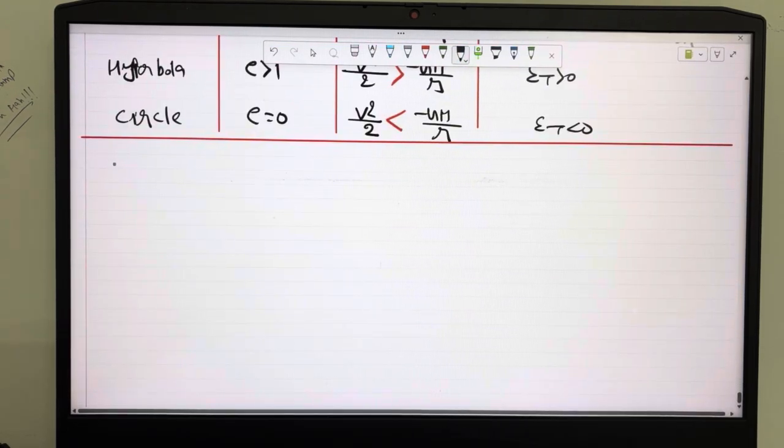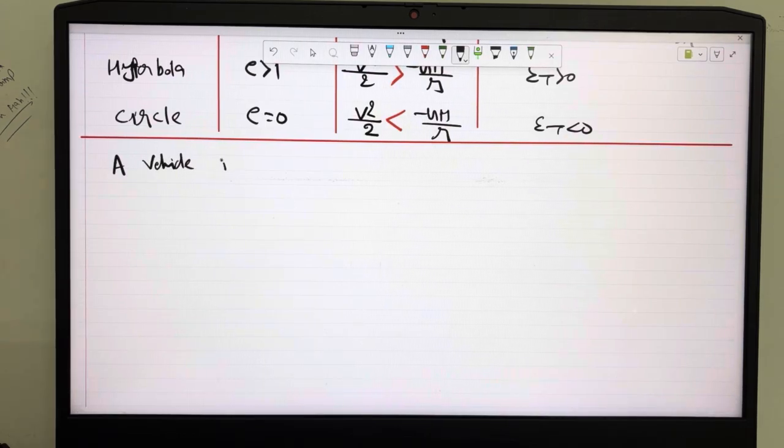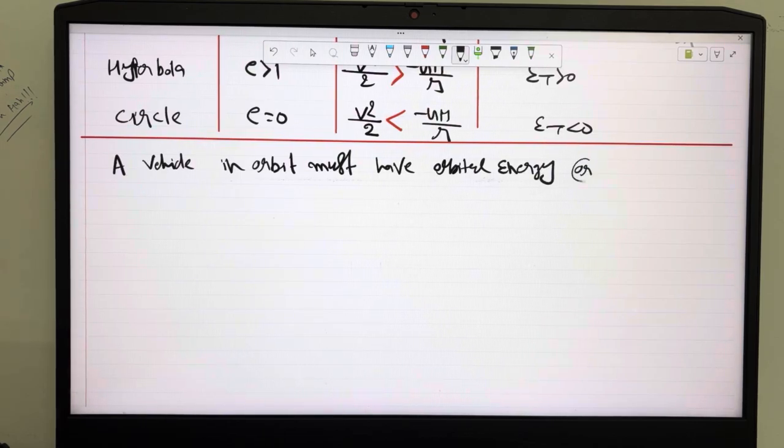So, a vehicle in orbit must have orbital energy, or total mechanical energy, or you can say total energy, negative.